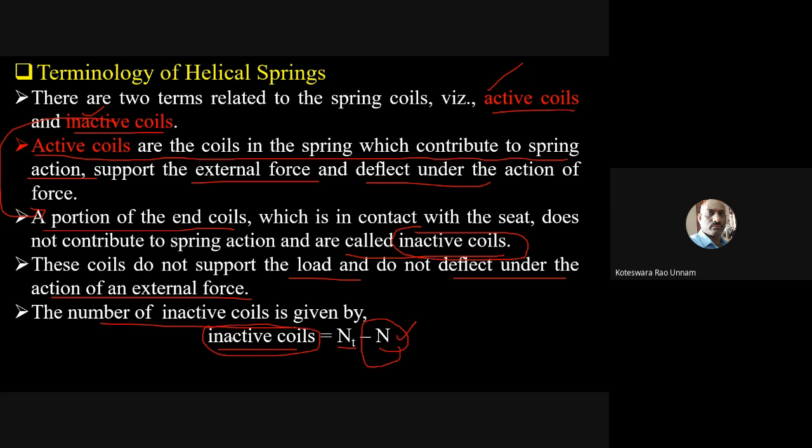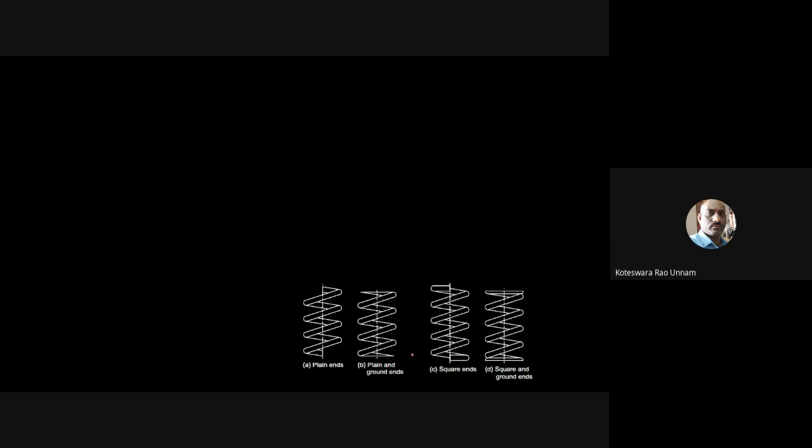Or simply, inactive coils is equal to total number of coils minus active coils. So where N is the number of active coils, like I already told, depending upon the different end conditions.